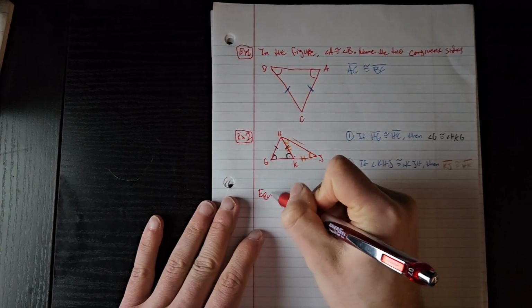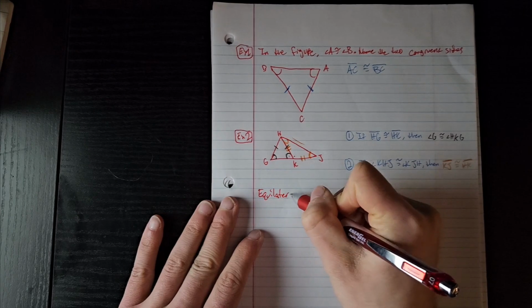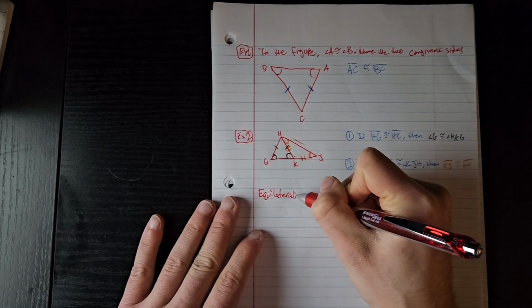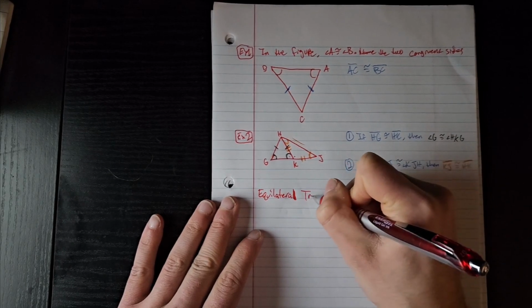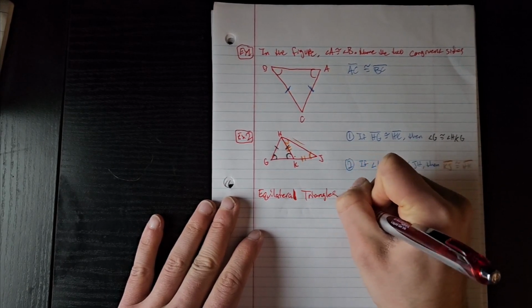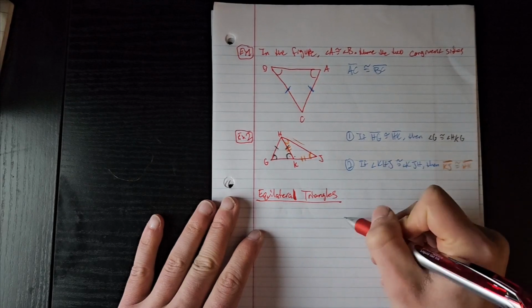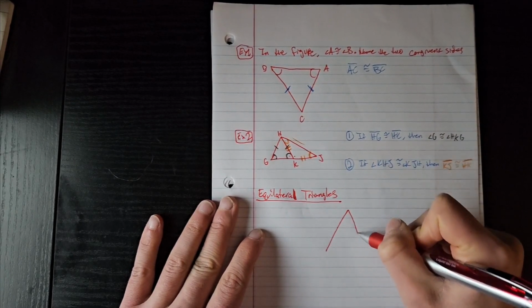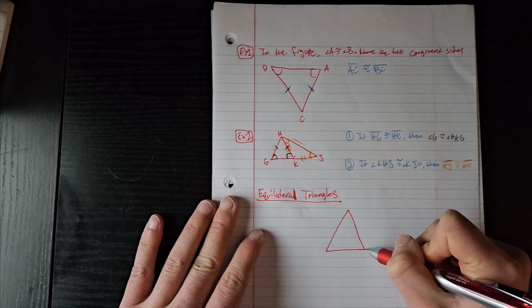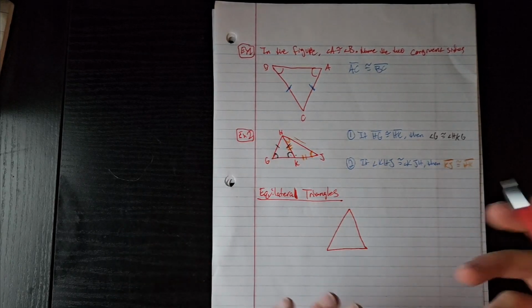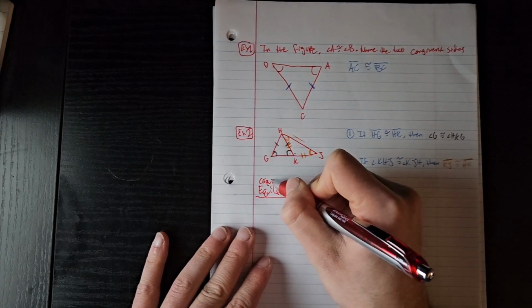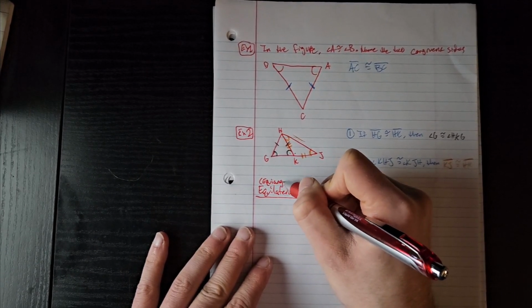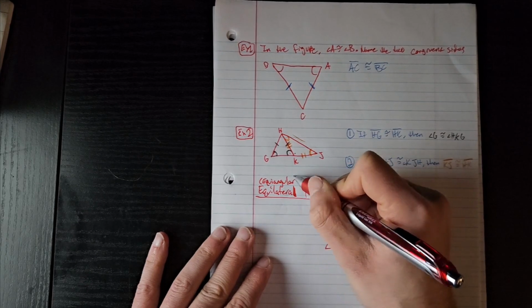Okay, we're on to equilateral triangles. Drawing out an equilateral. Equilateral and equiangular. I'm going to write that on top. They both give a lot of the same information.